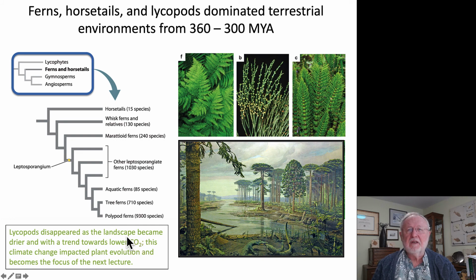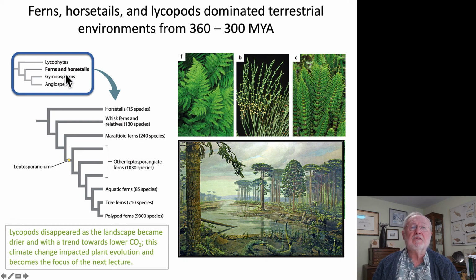We were beginning to see the expansion of glaciers in the northern and southern latitudes because the carbon dioxide concentrations were low, and the Goldilocks planet was going from one in which there was no ice at either pole to an extensive abundance of ice at either of the 2 poles. This climate change impacted plant evolution. And what comes next in this evolutionary sequence will be the topic of the next lecture.